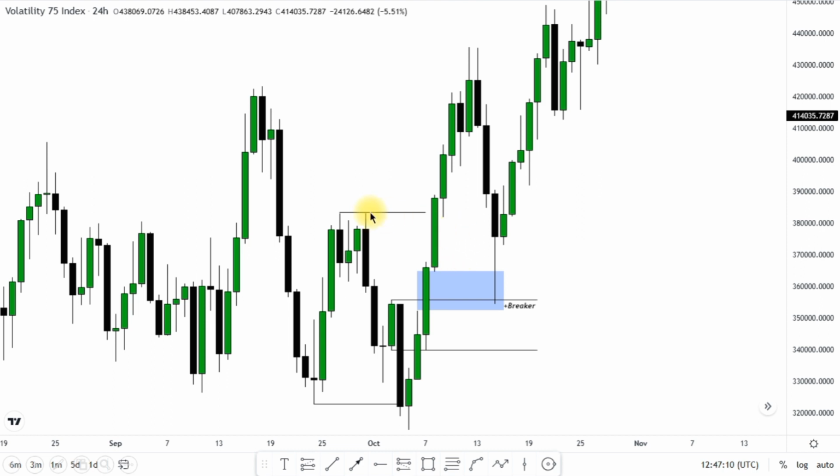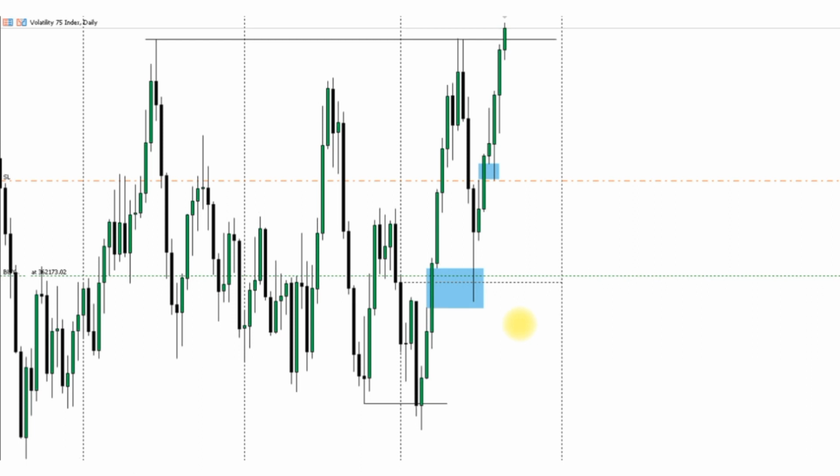Now if you really zoom in on that area again, you're going to see that there are multiple PDRAs in discount. We have a fair value gap here, we have a breaker block, and you also have the other block right here. Now if you understand the liquidity matrix, the breaker takes precedence. And I took advantage of that reversal as well.